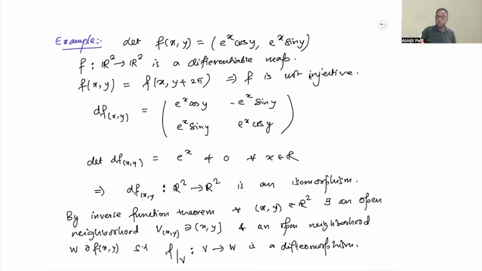In this particular example, you can also find this B and W. For example, let us take B to be this strip, R cross (0, π). In R2, it is this strip.